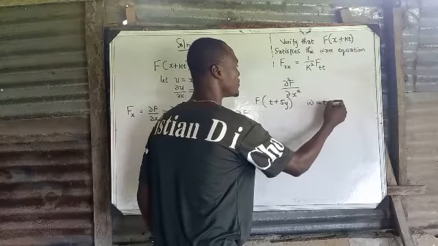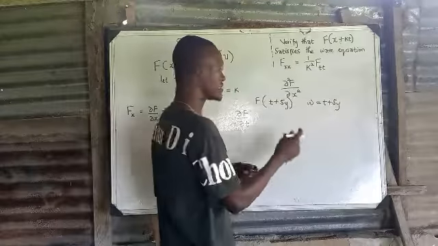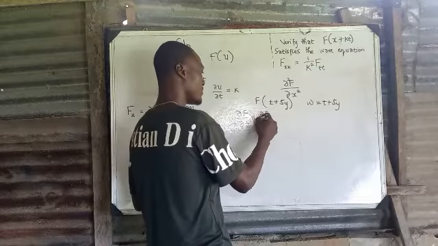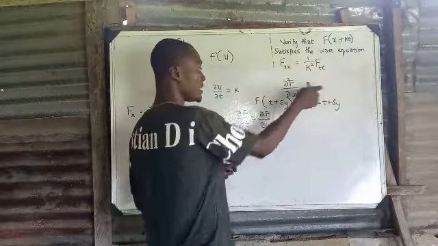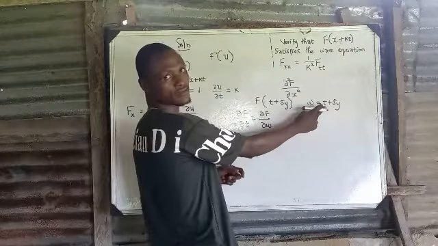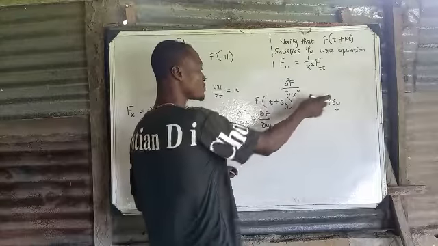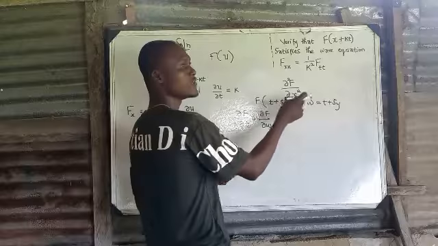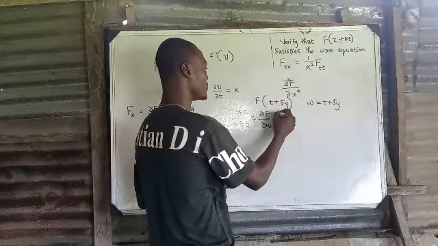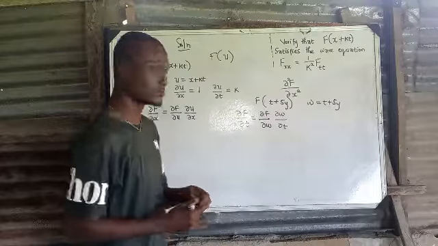Let w be t plus 5y. When you have used w to represent it, you now differentiate f with respect to w first, partial f partial w, before you differentiate w with respect to t. You cannot jump from f to t directly. You must move from f to the function that represents whatever is inside, before you move from that function to the required t. This is how you use the chain rule.